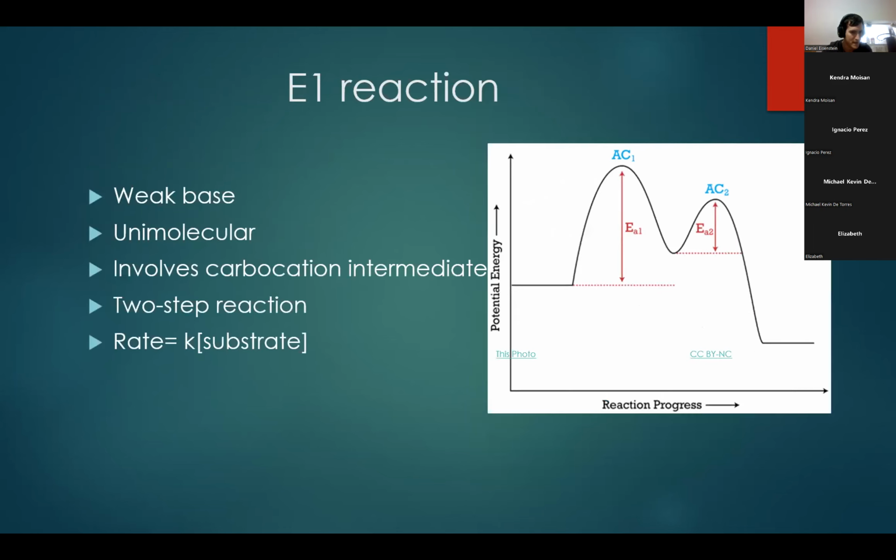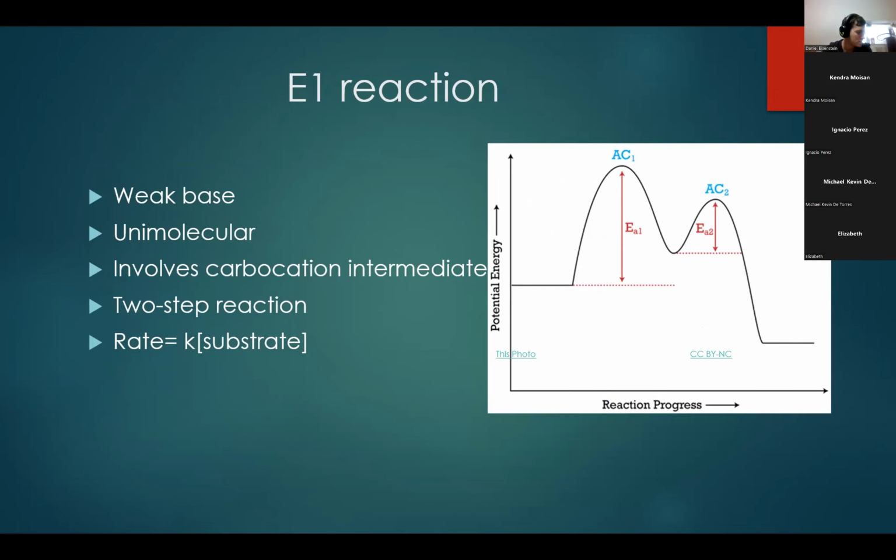E1: weak base, unimolecular, carbocation intermediate. It's a stepwise mechanism, and the rate only takes into account the substrate. Also for E2, we want to use a polar aprotic solvent. For the E1, we want to use a polar protic solvent.